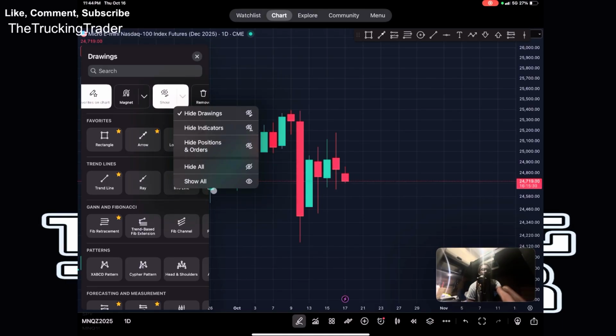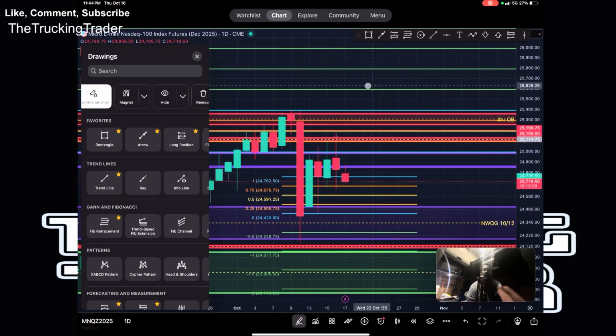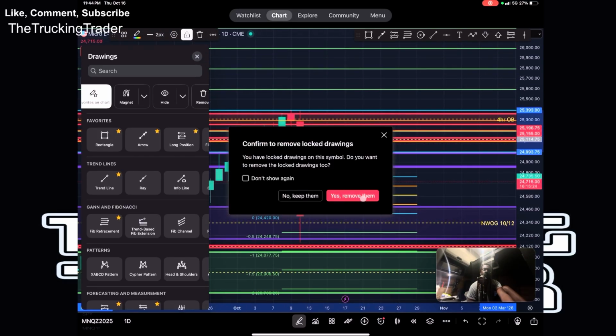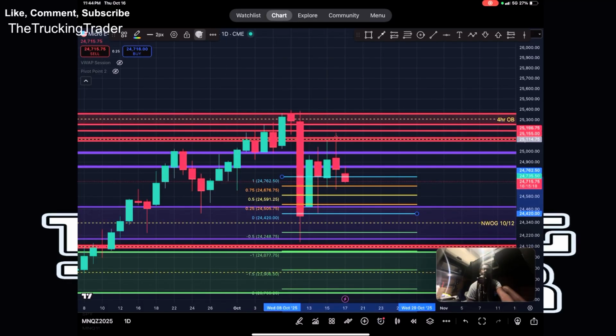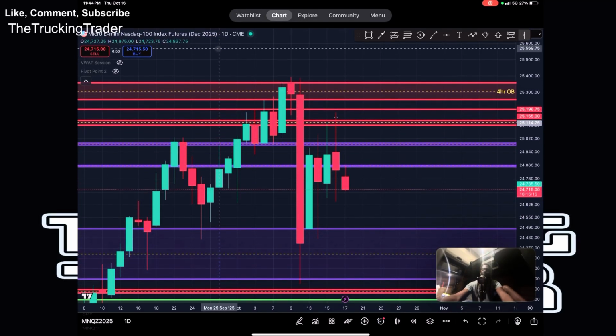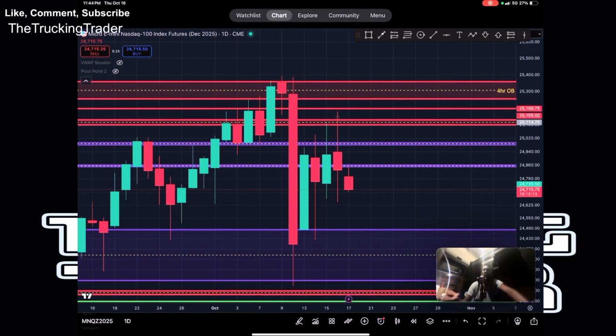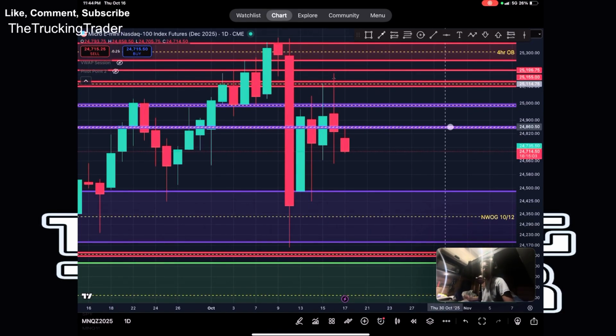All right, so let's go to show all. I'm going to try to delete as much as possible if I don't need it, because I can always add it back later. These purple boxes on my chart are new week opening gaps, and that is mostly the only thing I like to keep on my chart because, like I said, it's easy for people to forget about the weekly time frame.